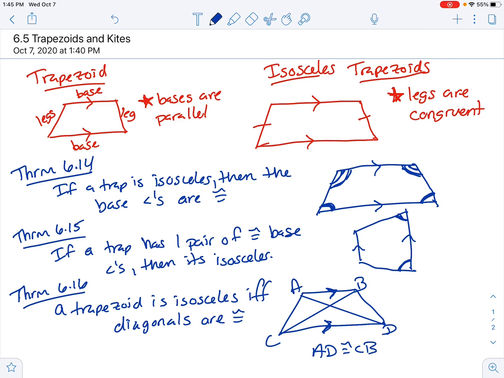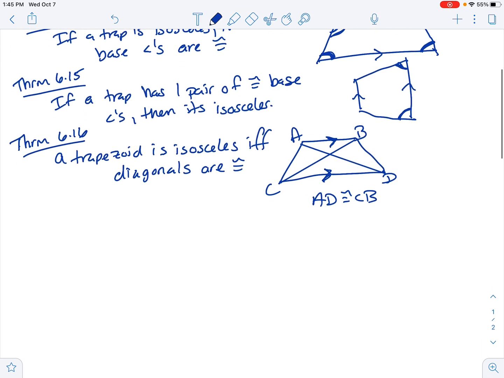Okay, so let's practice a little bit. I'm going to give you one picture and we're going to work off of that. So here's my bases. I'm going to tell you this is L, M, N, O. This is going to be 3x.